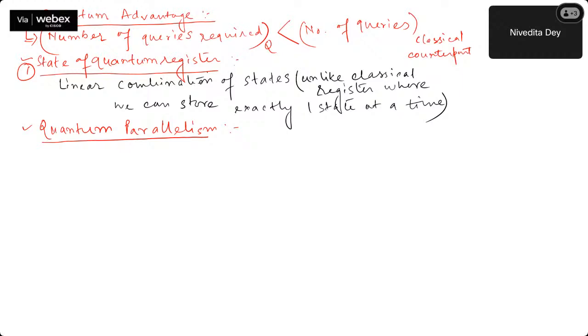See, things are becoming a little complex now. It is not that easy. What I am telling is, you have to think of computation of a function for all states in the quantum register.